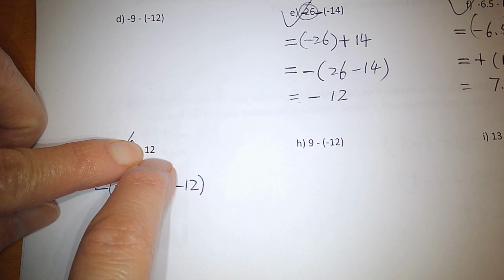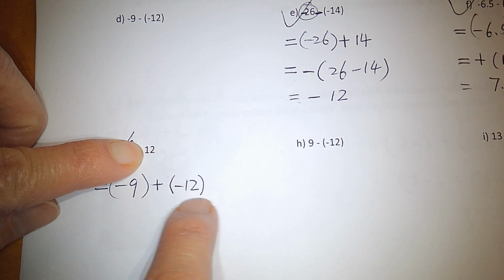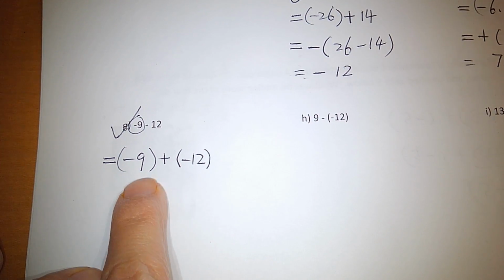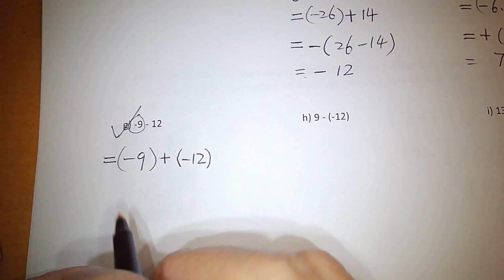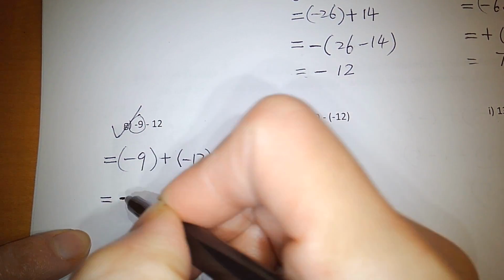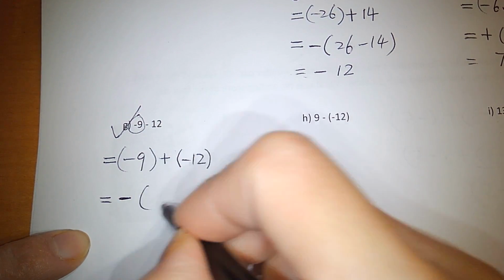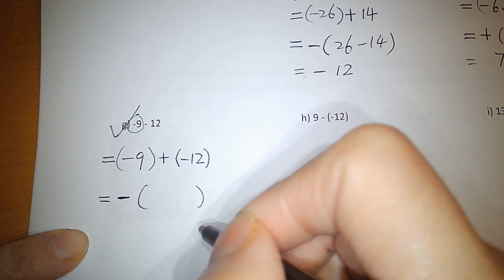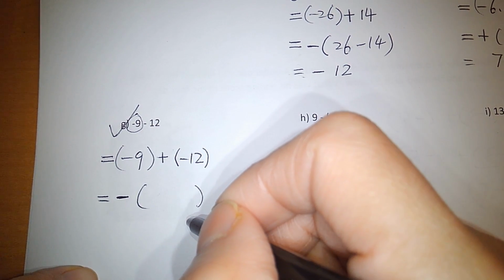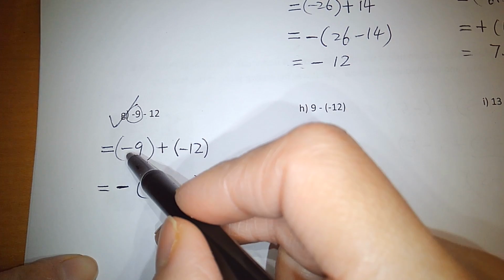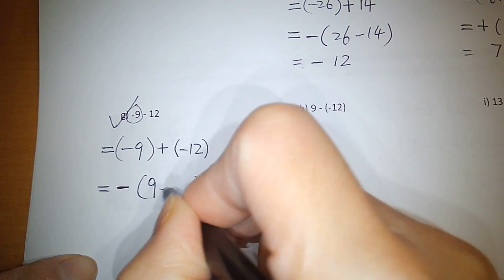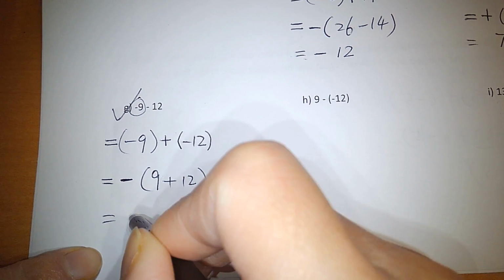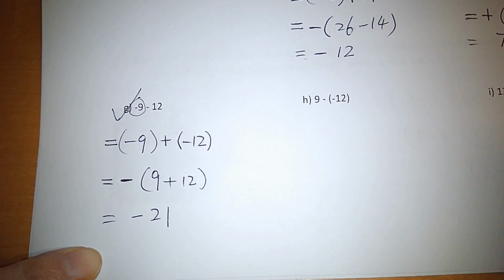So what is the opposite of number 12? Negative 12, right? So now you see, for this addition, they're both negative, right? So we keep the same negative sign. How do we do with the absolute value? Do we add up the absolute value or do we subtract? Add, okay? So negative 9 absolute value is 9. Negative 12 absolute value is what? 12. So eventually negative 21.